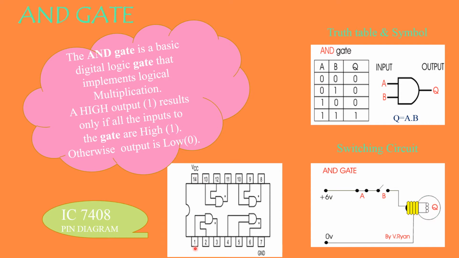And remember, pins 1, 2, 4, 5, 9, 10, 12, 13 are always going to be your inputs. And your outputs are pins 3, 6, 8 and 11. You have to learn this by heart, no other go. When you come to your laboratory, you have to come with this pin diagram. Only then can you make your connection.